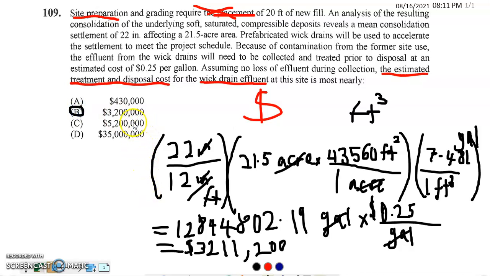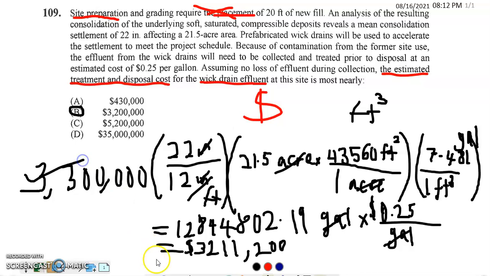And you might ask me, because I said earlier that you always round up, you don't round down. In this case, we round down, and I'll tell you why. Let's say they gave you an answer of 3,300,000 in between A, B, C, and D. That would be the answer you pick. But you would not pick a number far above.